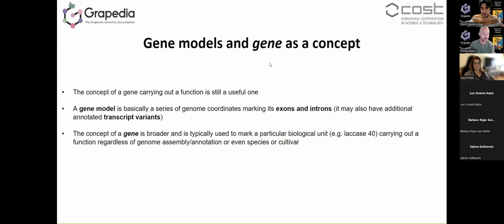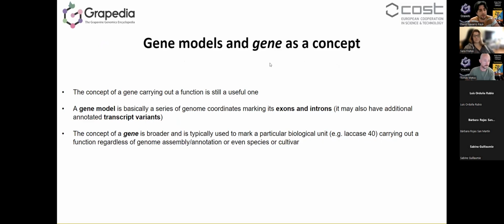Perfect. Okay, so maybe I'll start a bit again with the basics. The main thing that the catalog is centered on is the idea of a gene, which is still a useful one.